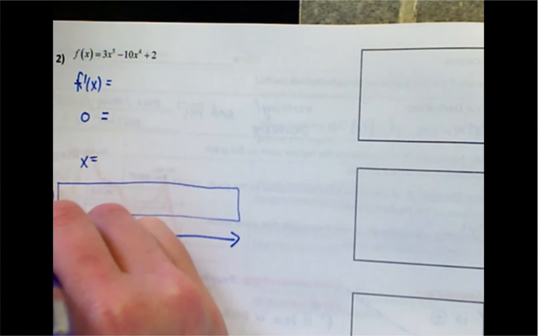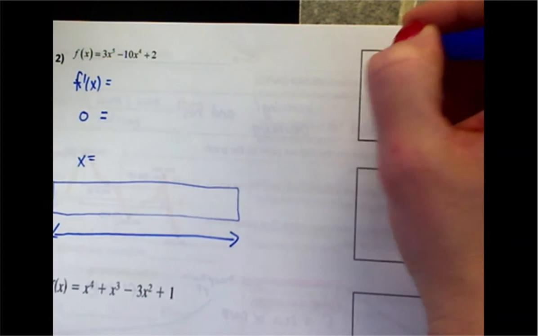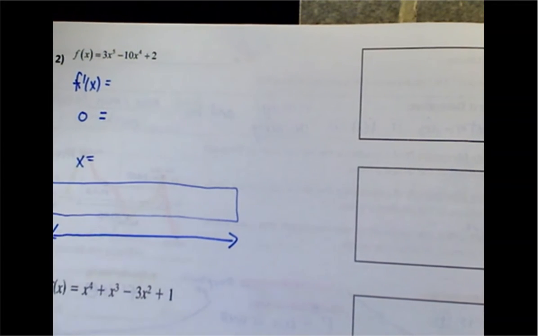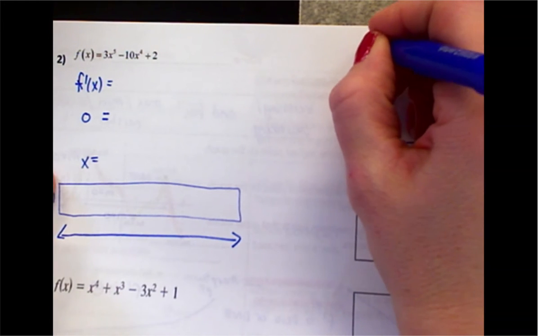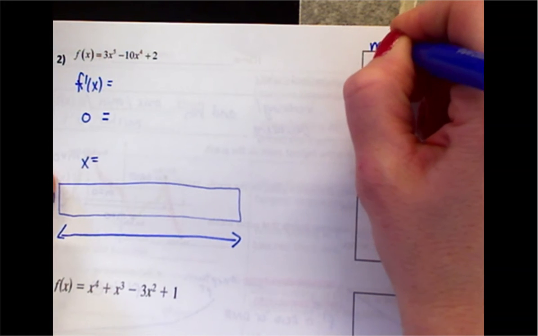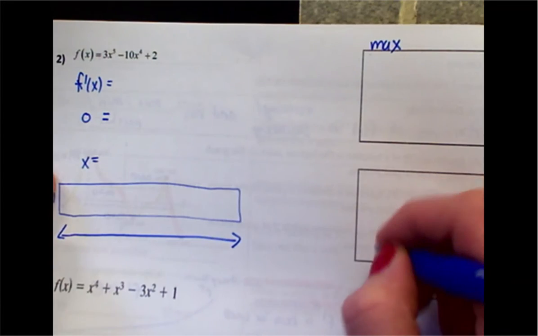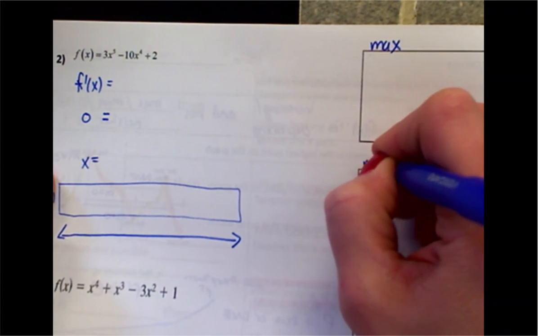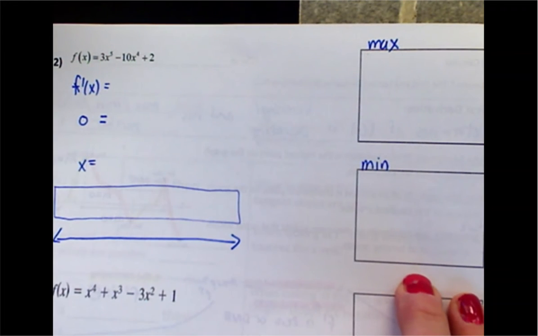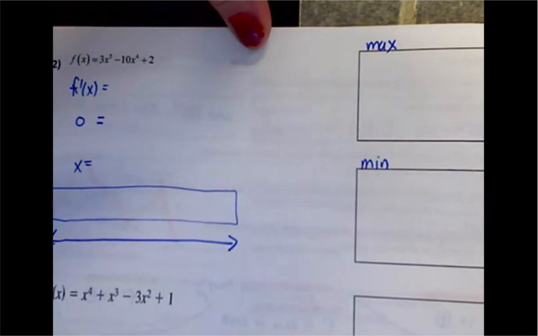Okay, and then we'll do one box about a max, and then one box about a min. Okay, see what you get.